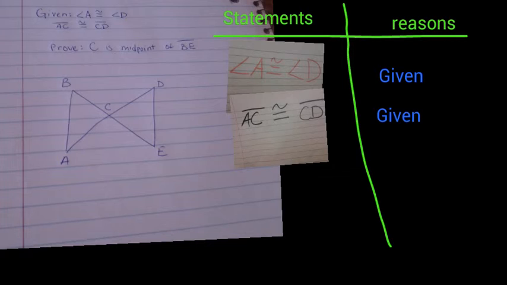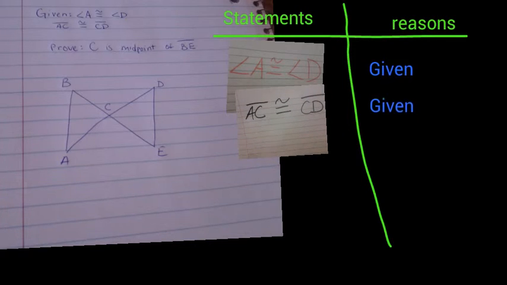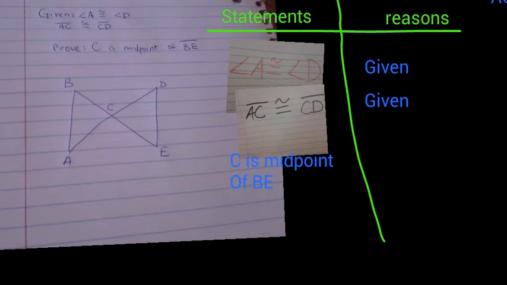Okay, then to prove that C is the midpoint of BE, we know that the two sides, AC and CD, are congruent sides, so if midpoint, then two congruent sides. For reason number 3, we would say AC and CD are congruent sides.